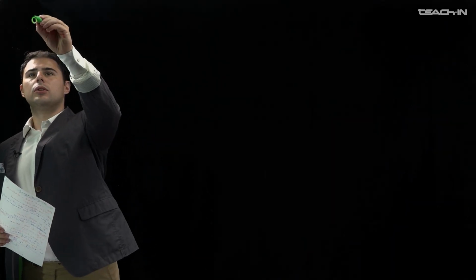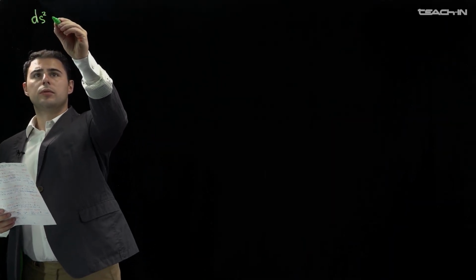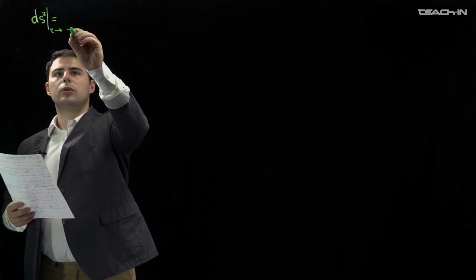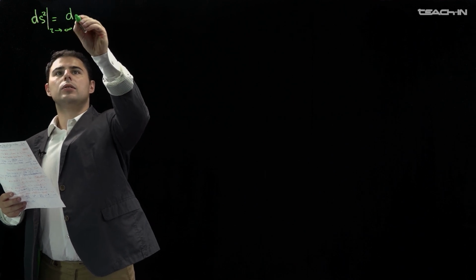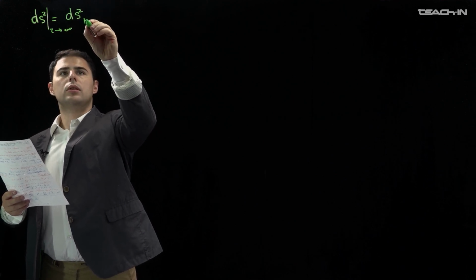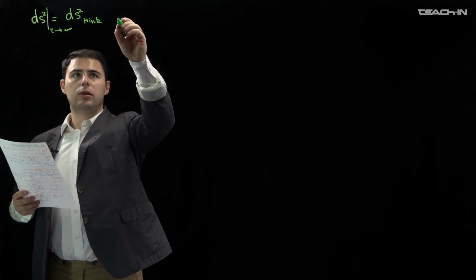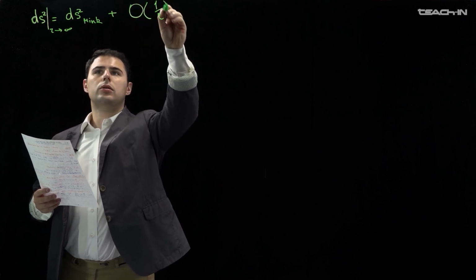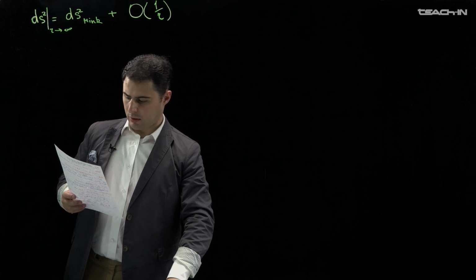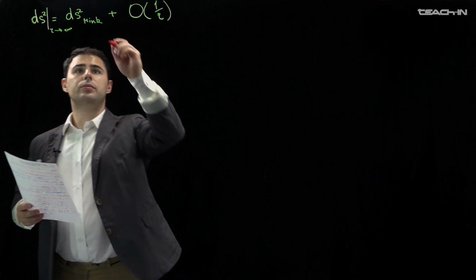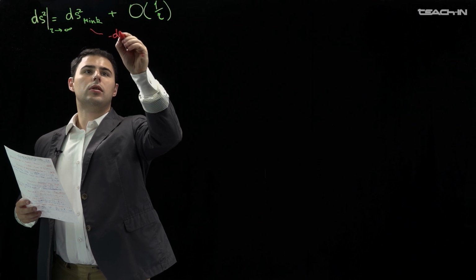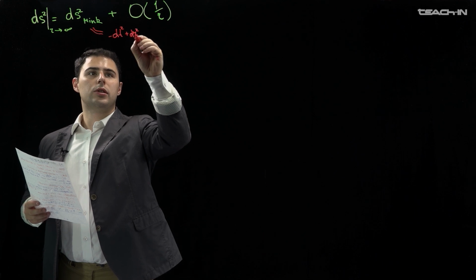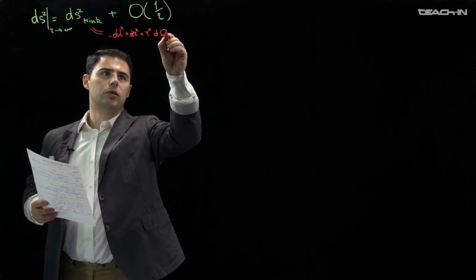So let us write, at r going to infinity, ds squared as Minkowski at the infinity plus the O(1/r) terms, where this is naturally minus dt squared plus dr squared plus r squared d omega squared.